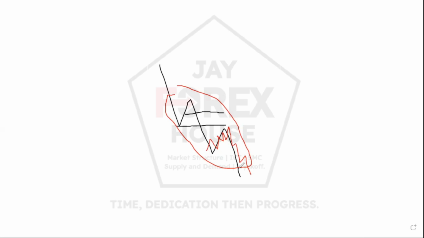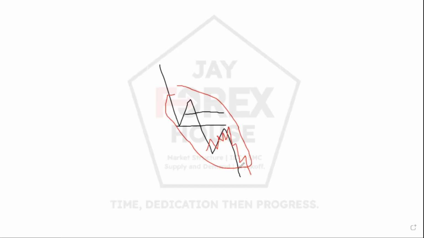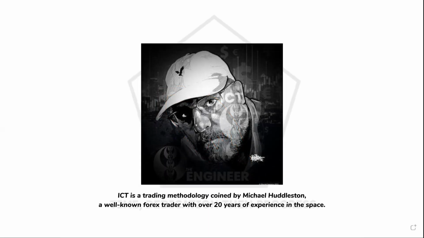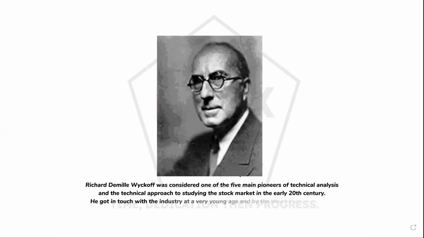But a lot of people have been able to make it out. We have historical figures who have helped us understand this trading. People like ICT, who created a very, very simplified technical method that helps you understand candlesticks. We have Wyckoff, who developed a technical method over time, who also helps us understand the trading system properly.